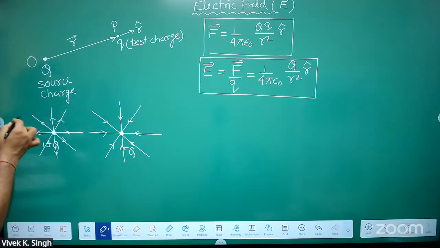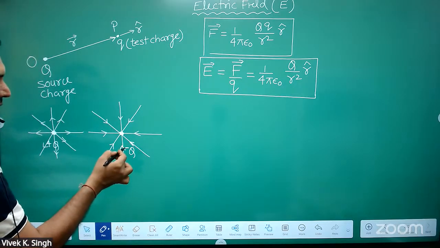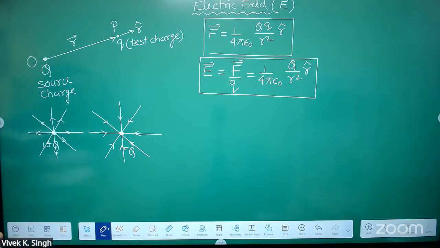This is radially outward and this is radially inward. Clear?